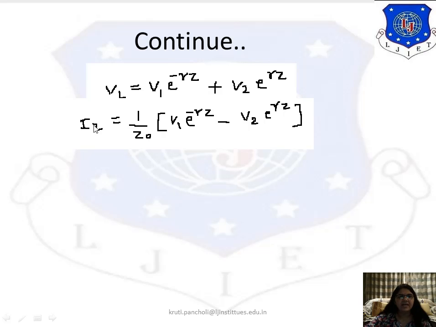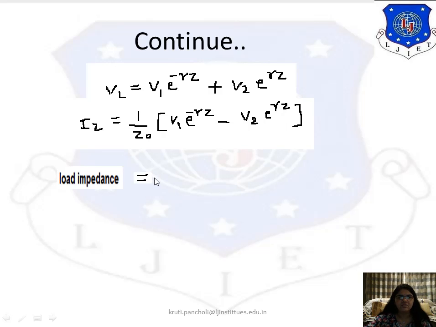So IL is equal to the voltage divided by Z0, and that is V1 e raised to minus gamma Z minus V2 e raised to gamma Z.